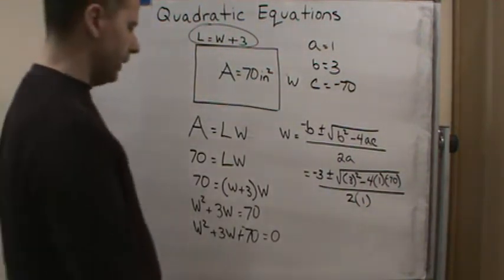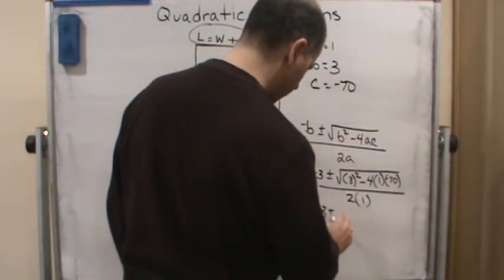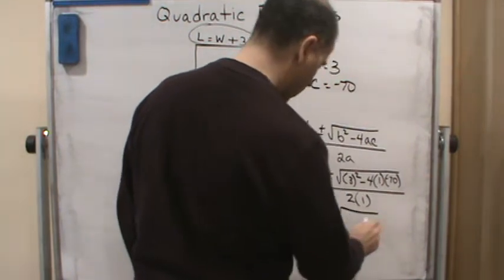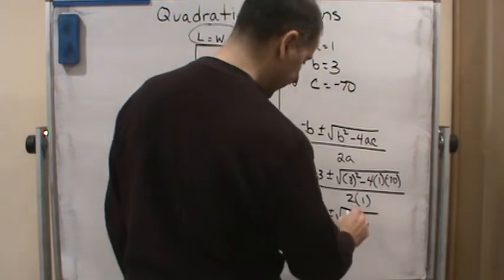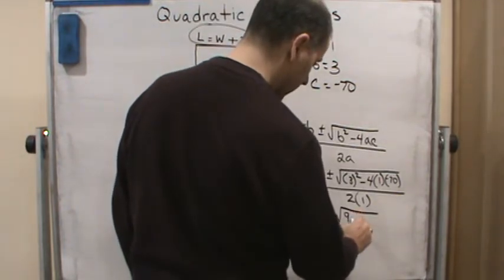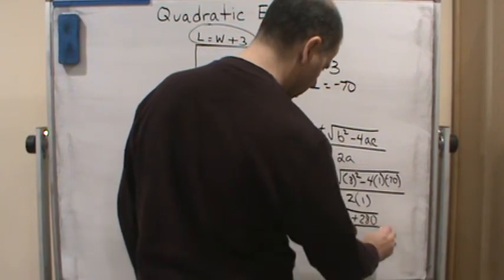All right, so now I just simplify. So this is going to be negative 3 plus or minus the square root of 9 plus 280, over 2.